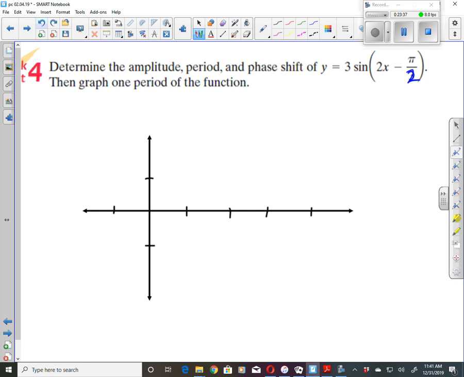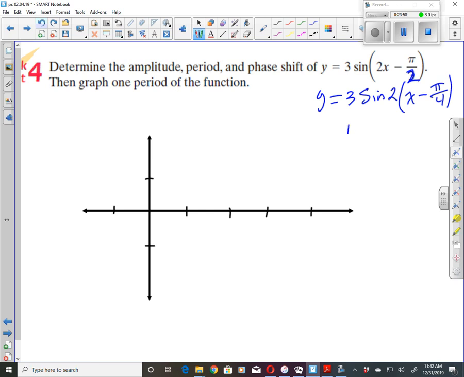So here's the first thing I need to do: I need to factor out the 2 from the x. So this becomes y equals 3, amplitude of 3, sine. 2 comes out of the parentheses, leaves me with x minus pi over 4. When I divide pi over 2 by 2, I get pi over 4.